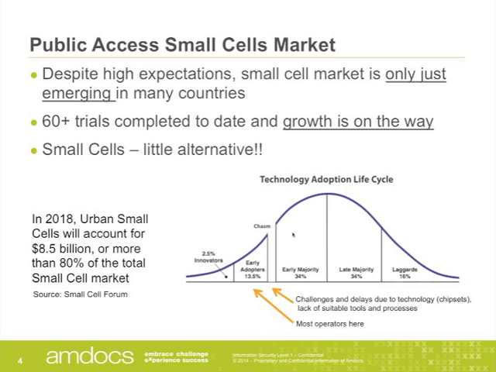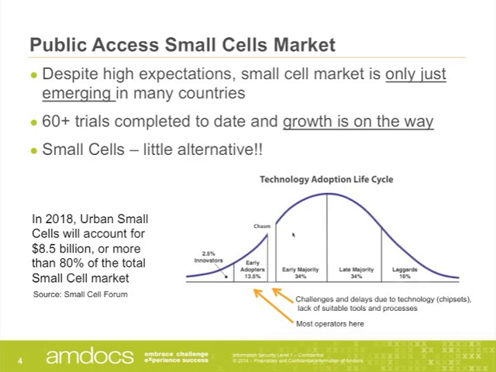We know it's going to happen, it's just a case of when. And there's little alternative to small cells. Of course, we can deploy more macro cells to get the coverage, but that is more expensive, it's not so targeted, and small cells is a really great solution which complements the macro cell deployment today.